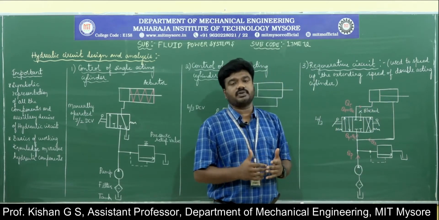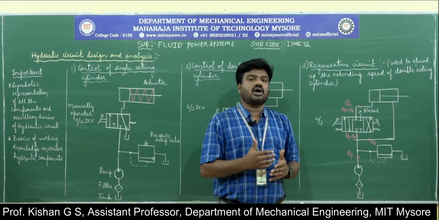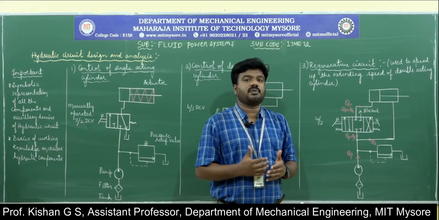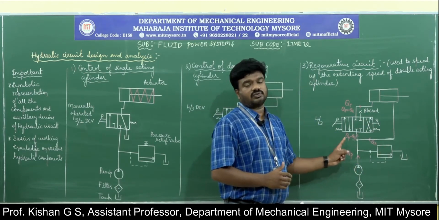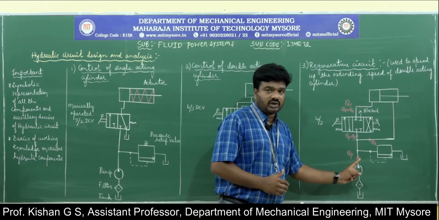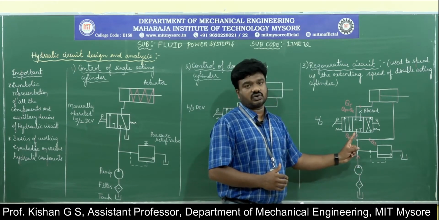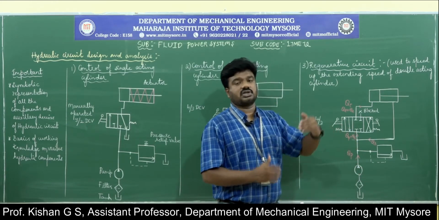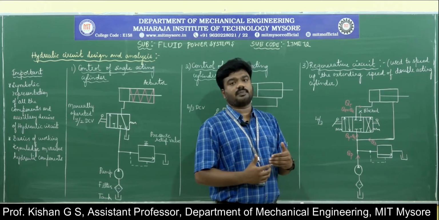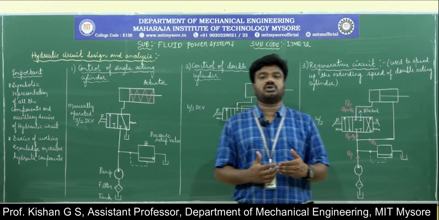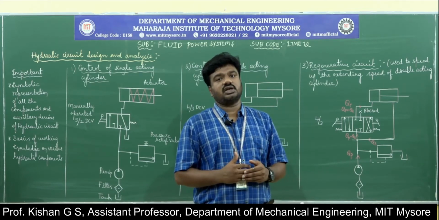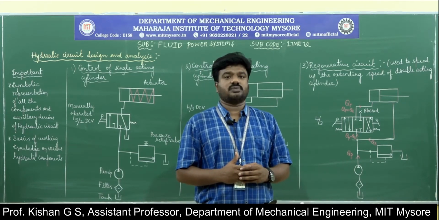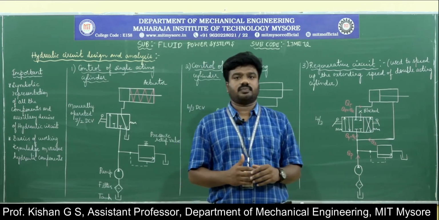This leads to the speeding up once the bypass supply enters the inlet of the direction control valve, leading to the extension in the next working cycle. It receives an additional flow rate that speeds up the extension in the next working cycle. So this is about the regenerative circuit.